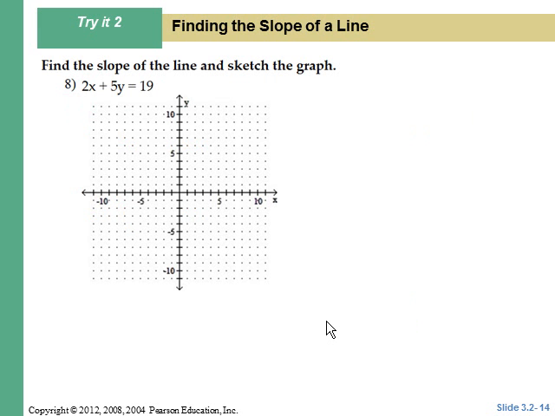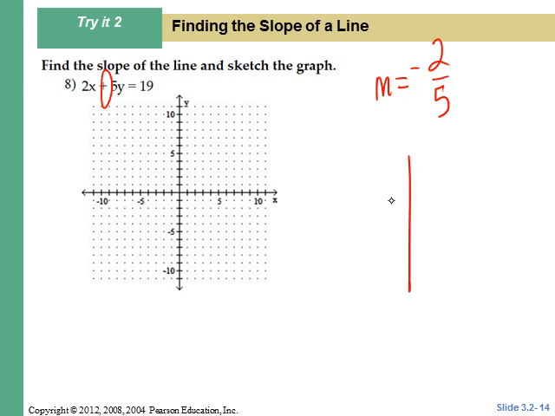Now it says not only should you find the slope, but you should also sketch the graph. So in this case, the slope is negative, because we had to change the sign, this is positive, so we're going to write negative 2/5. Okay?